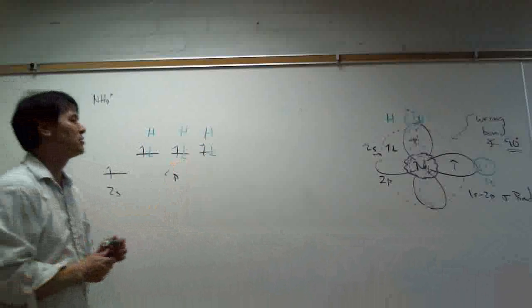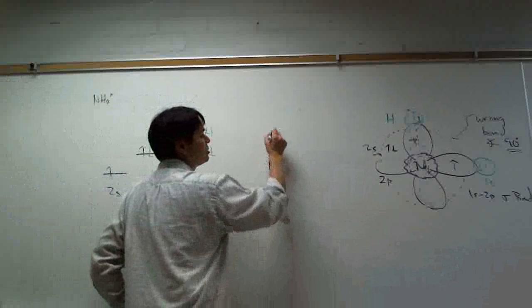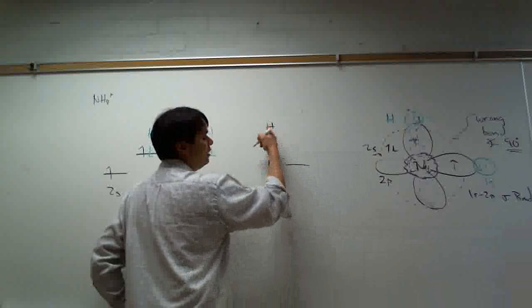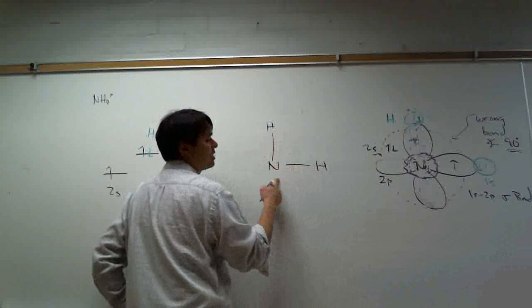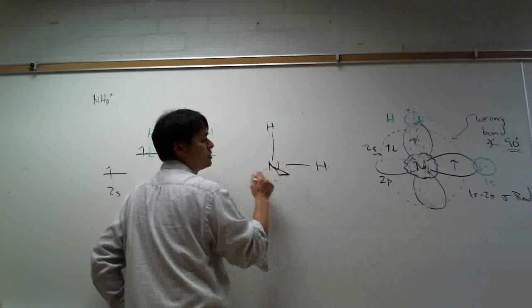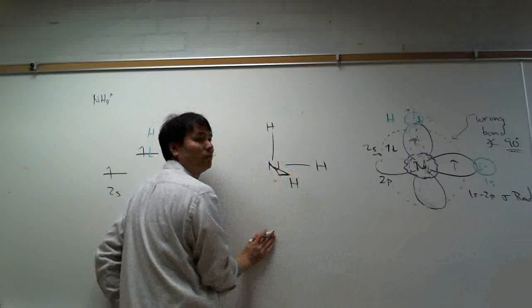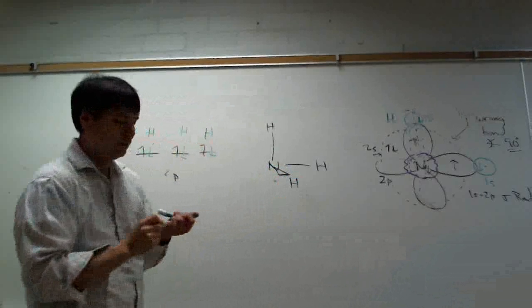And so basically the structure that we predict using the orbitals would be, here's my nitrogen, I have a hydrogen here, we'll call that the Y. And then I'll have a hydrogen that I'll call the X, and then I should have a hydrogen that I'm going to call the Z, which is going to stick straight out of the board. What do those correlate with?